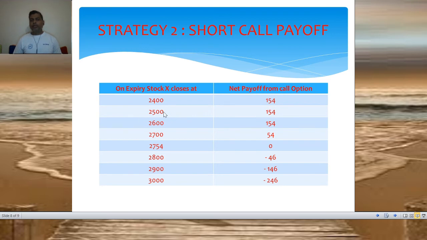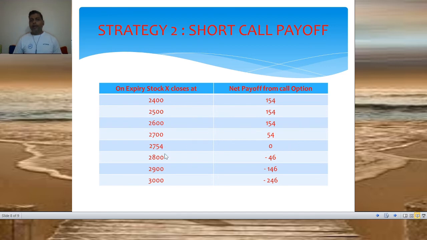If it closes at 2500, the seller will make the profit of 154. If it closes at 2600, we will make the profit of 154. If it closes at 2700, we'll make a profit of 54. And if it closes at 2754, which is the break even point, we'll make no profit, no loss.